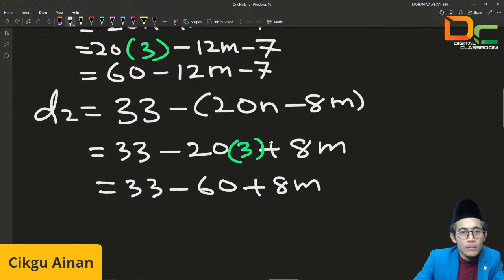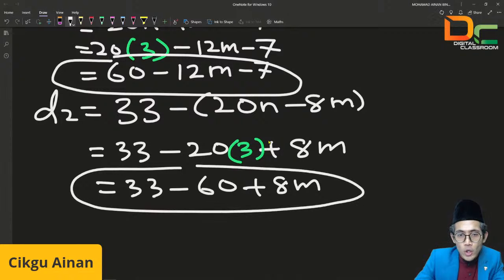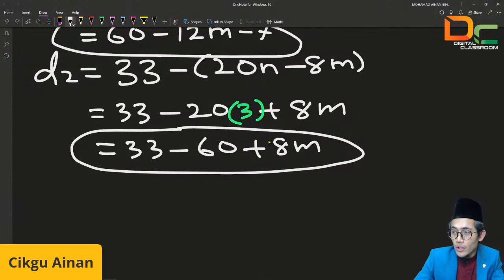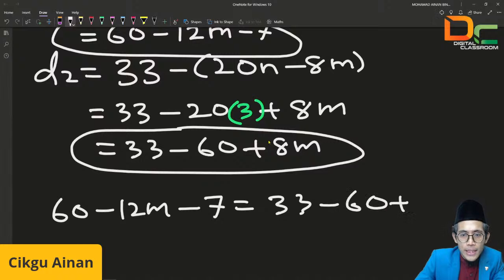So this one is the first common difference. This one is the second common difference. So D1 must be equal to D2 because dah cakap arithmetic sequence. So 60 minus 12m minus 7 equals 33 minus 60 plus 8m.